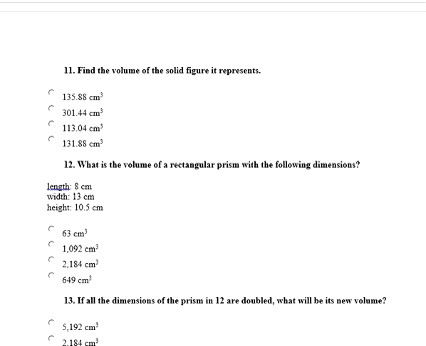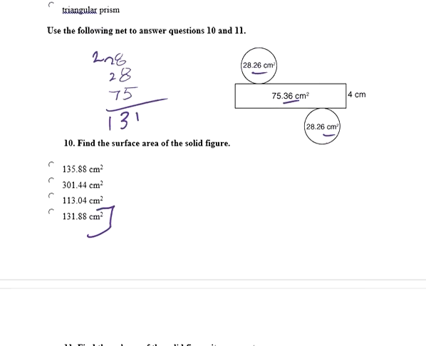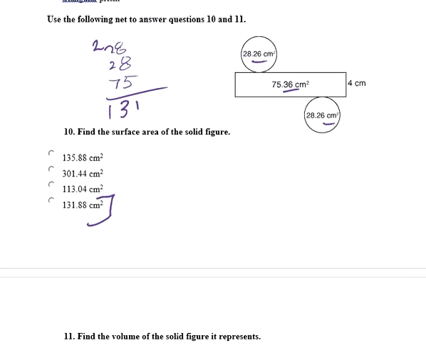Find the volume of the solid figure it represents. Find the volume. Oh, I guess we're talking about that cylinder. So to find the volume of the cylinder, it's the height, which looks to be 4, times the area.